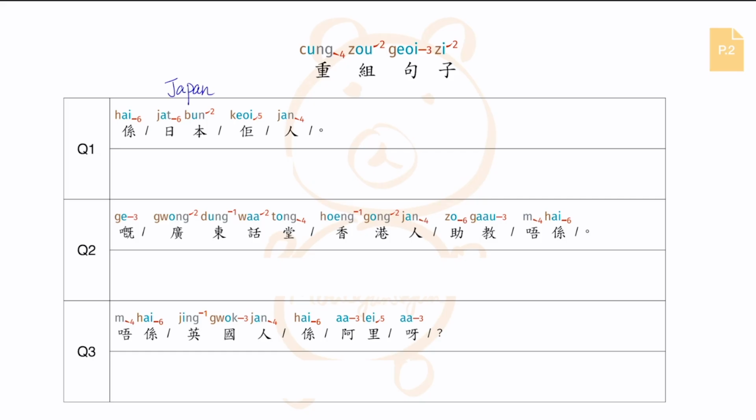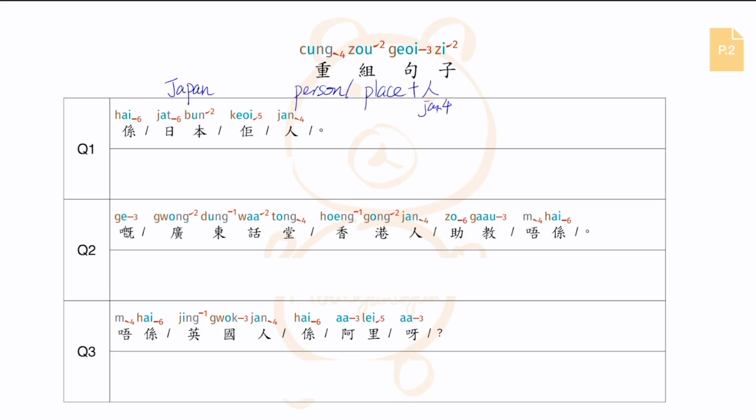Japan, very good. 佢 he, she, it, right? 人 the original meaning is person, right? But if we say place and then plus 人, it means the place that somebody comes from, right? In this sentence, it should follow the place.